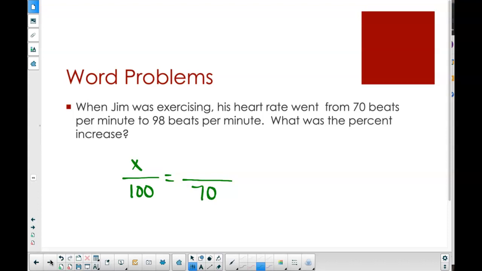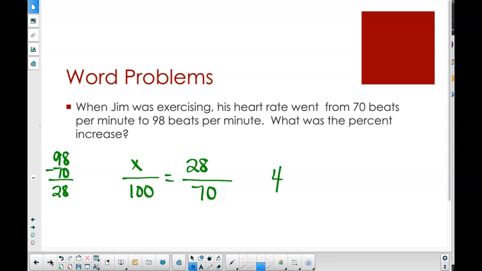Does that mean I put 98 on the top? No. How much did his heart rate change? Tyler? 28, because 98 minus 70 is 28. The change was 28. So 28 times 100 divided by 70.